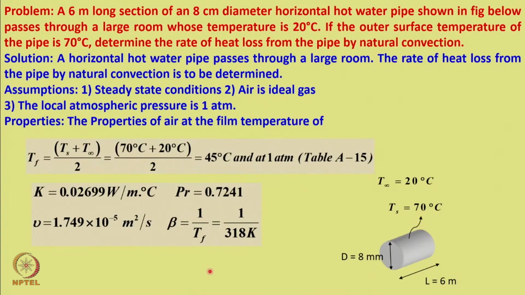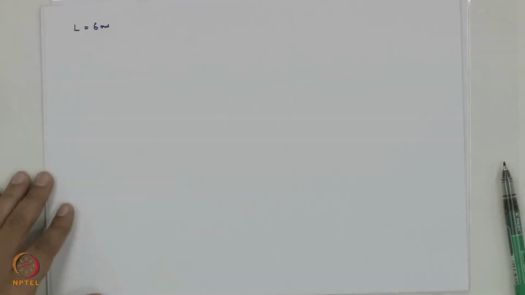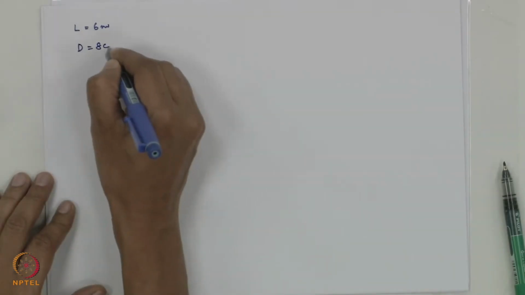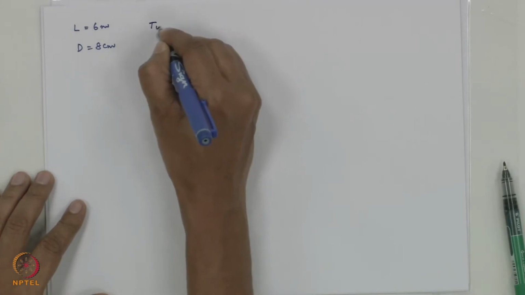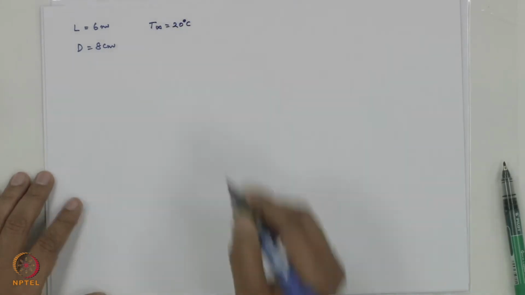Now this is the problem which we wanted to solve. I don't think I am going to solve it completely step by step, but I will just give you a glimpse. That is, this is a length of 6 meter, long section of 8 centimeter diameter, so diameter is 8 centimeter, hot water pipe in the figure below, passes through a large room whose temperature is 20 degrees Celsius, that is T infinity equal to 20 degrees Celsius.